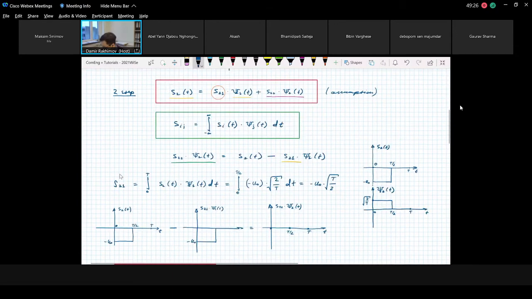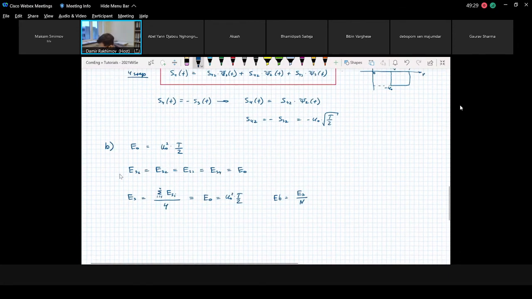And as a result, for each symbol, you carry 2 bits. So the mean energy per bit is the mean energy per symbol divided by the number of bits that we have for each symbol. It's 2. And if I substitute the exact expression, it will be U0 squared, of course, times capital T, divided by 4. This is the mean energy per bit that we have for this task.